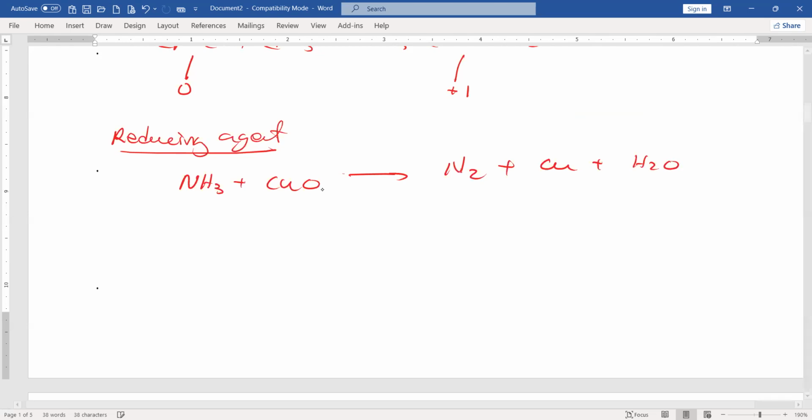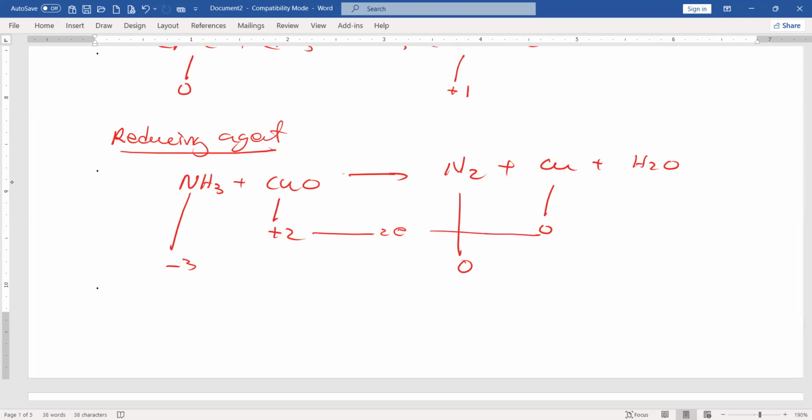In this case, copper is in +2 oxidation state. Here the copper is in 0 oxidation state. Nitrogen in this case is -3, but nitrogen here is 0. So you can balance it by putting 3 here, 2 here. I'll show you how to put those numbers using oxidation numbers. You can balance it. See, the difference between this one is 2 electrons.